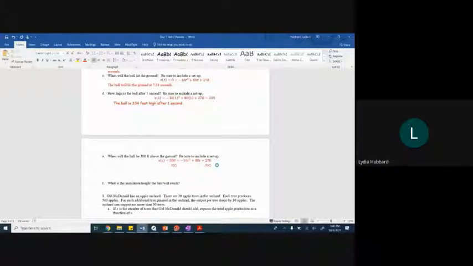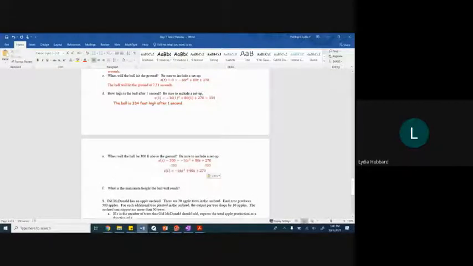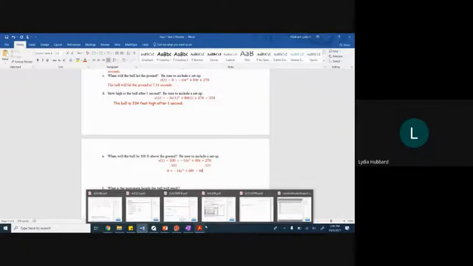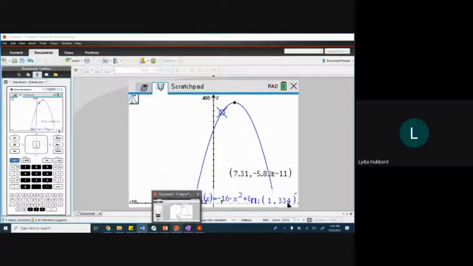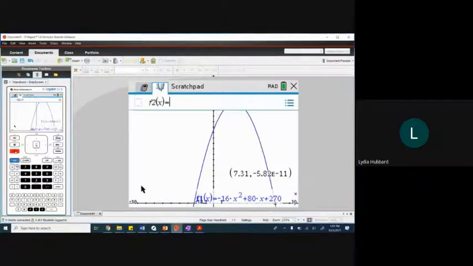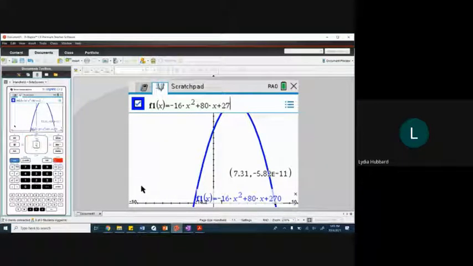When we do that, we should get that 0 is equal to negative 16t squared plus 80t minus 30. This is what we're going to plug into the calculator, because now we can use this new equation to get some zeros. I'm going to hit tab up, and now I'm doing minus 30, and I'm graphing that.